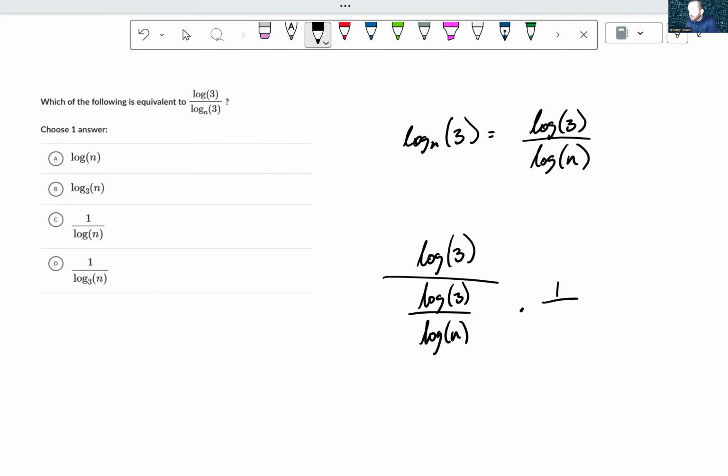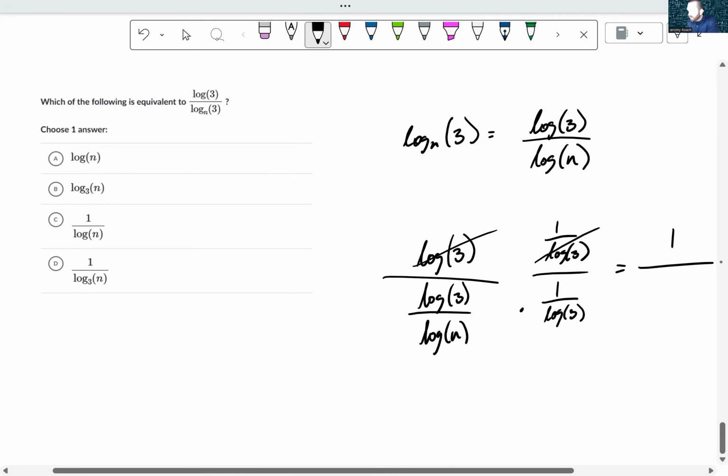So 1 over log 3, 1 over log 3. And so what happens here is log 3 times 1 is log 3. Then we get log 3 over log 3. So that cancels out and it becomes 1. Not 0. Make sure you put a 1 there.